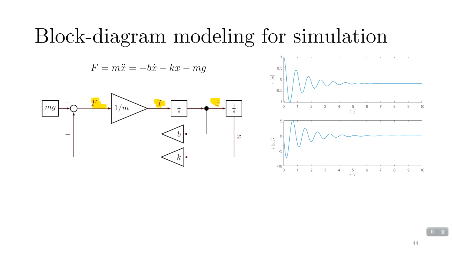If we integrate it once again, position or deflection here. When we multiply the deflection with the coefficient of stiffness, we will compute the force which is generated in the spring. If we multiply the velocity with the damping coefficient, damping force. And if we add gravity, we'll have the force.